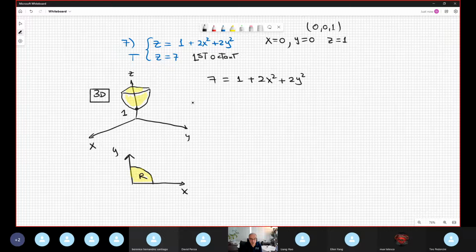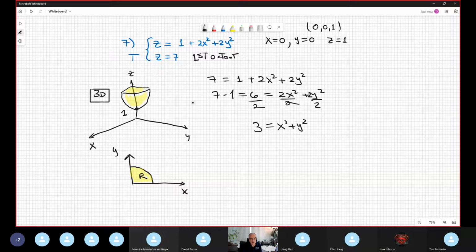Okay, now let's try it. Then, 7 minus 1, which is 6, is equal to 2 times x squared plus y squared. The equation stays like 3 equals x squared plus y squared. Wow, fantastic. This quarter of circle, the equation is x squared plus y squared equals 3. The super fantastic conclusion is the radius is radical 3.